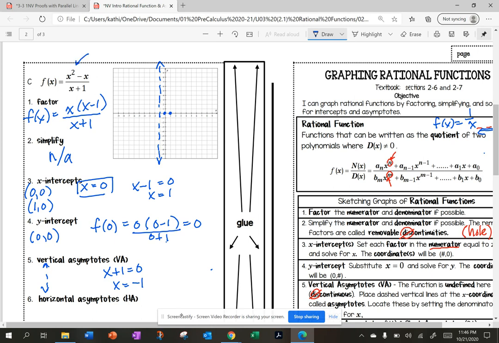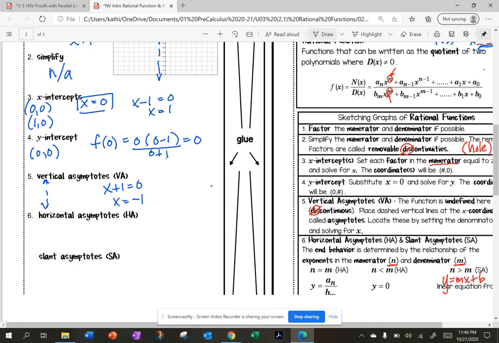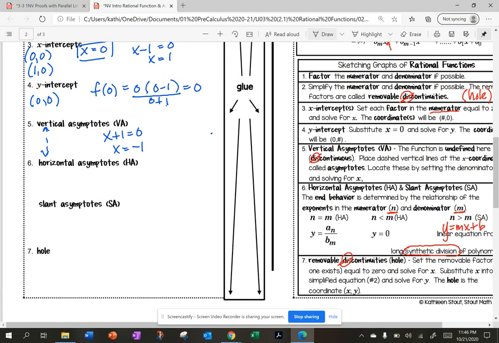So the degree of the numerator, n equals 2, and the degree of the denominator, m equals 1. So the numerator's degree is larger than the denominator's degree. So that tells me I have a slant asymptote. So when n is greater than m, so 2 is greater than 1, I have a slant asymptote.